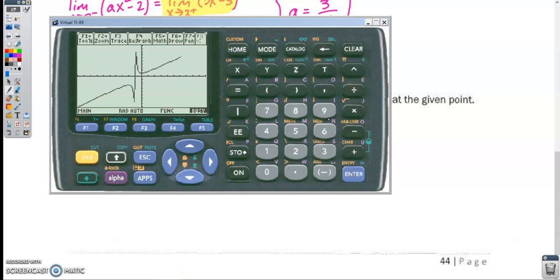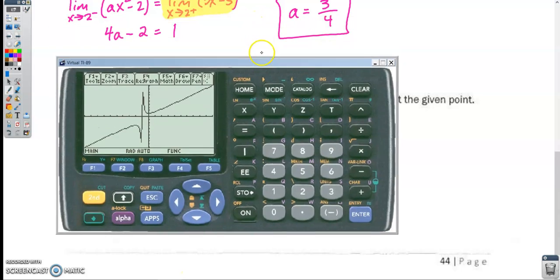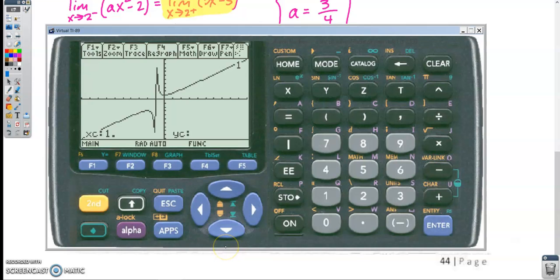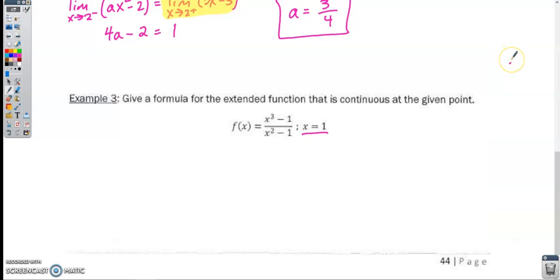At x equals 1, the function is not continuous, and that's not necessarily obvious when you look at it, but if you trace this graph and you type in 1, you see that there's no y coordinate there. And so the graph has a removable discontinuity at x equals 1, and we are trying to figure out the value that we can fill that hole in with.